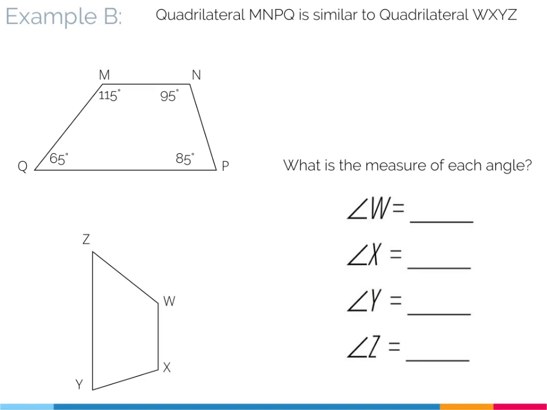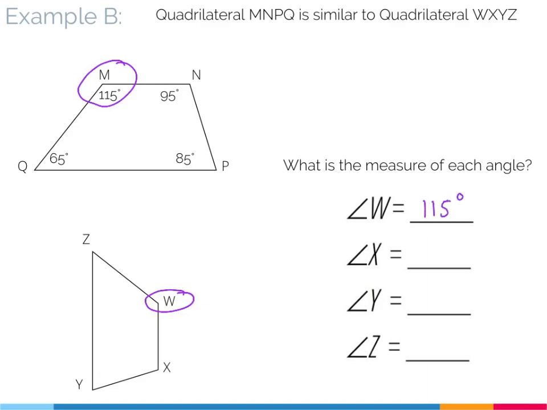Since I see that W is up here at the top, if I were to turn the shape and look for the one that's at the top of the other one, I can see that's going to be angle M. So since they are similar, I know that since M is 115 degrees, W is 115 degrees.